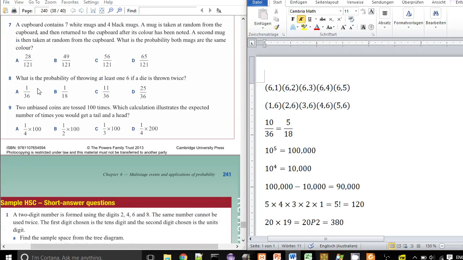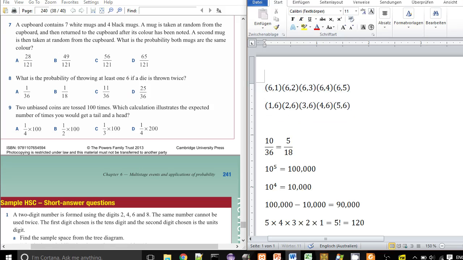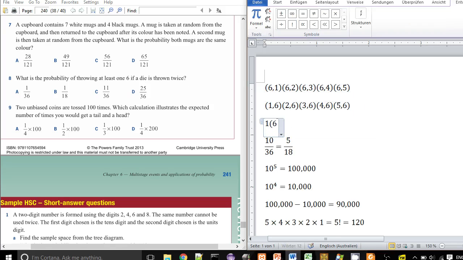For this question, at least one 6, so all of these ones count, but there's also one extra case where you get 2 sixes. And that's it. Those are all the possibilities. So 5 plus 5 plus 1 is 11. So there are 11 ways to get at least one 6.